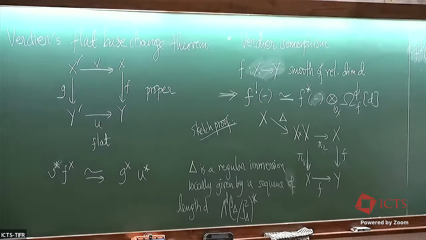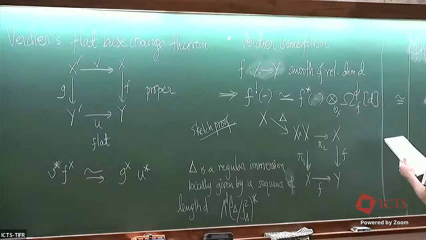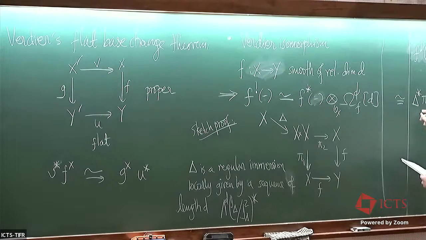So I'm going to tensor it with this one and put it in the minus dth spot. And this is isomorphic to delta upper star pi 2 upper star, so this is just the identity. I just appended this.